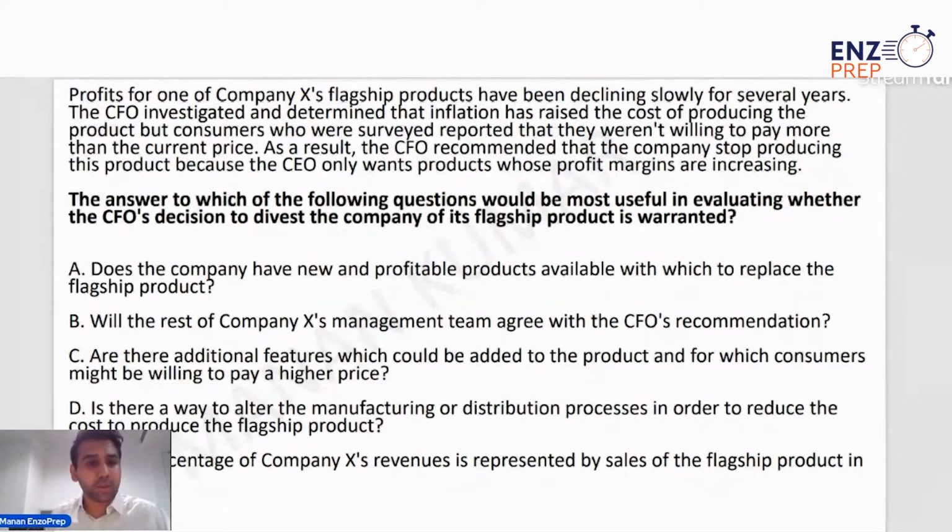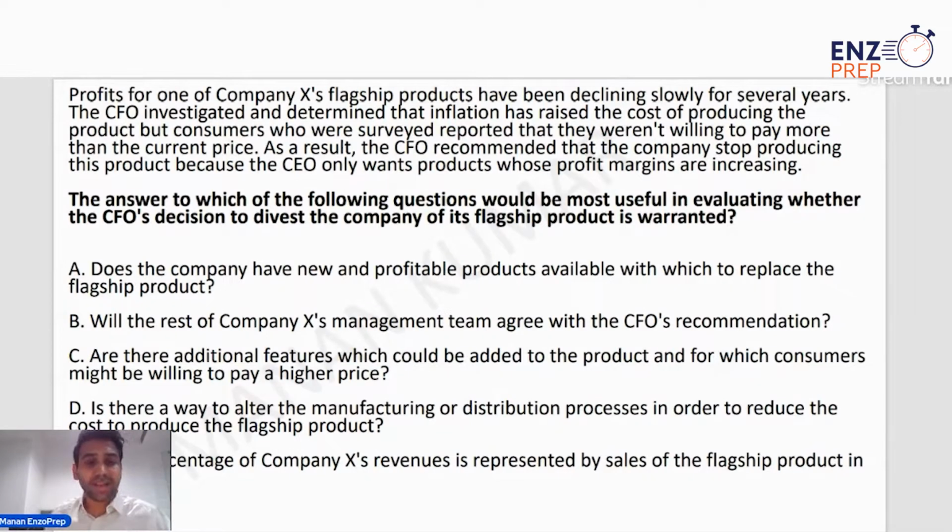So, option A says, does the company have new and profitable products available with which to replace the flagship product? Understand, this question only makes sense if you're concerned about the company. It doesn't even take into account whether it is possible for us to make the flagship product profitable or not.